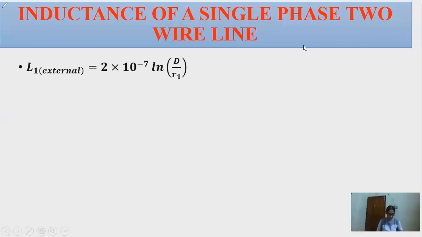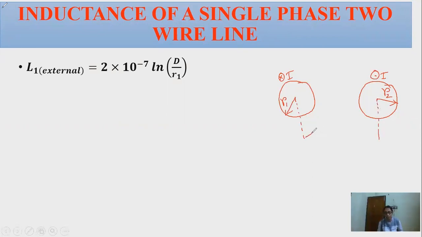Suppose one conductor having the radius R1, and there is another conductor having the radius R2. This conductor is carrying current plus I, and this conductor is carrying current minus I.